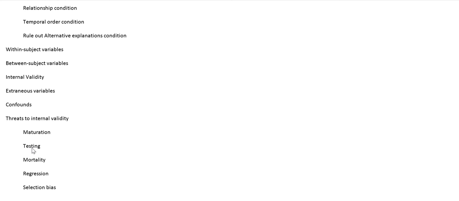But for the most part, if you use random assignment, you can usually rule out maturation as a threat to internal validity. Testing might occur when you see changes due to the way that the measure was administered, or, I should say, simply having experienced the measure multiple times. So let's say we were designing an experiment where we wanted to see if we could improve people's standardized test scores.